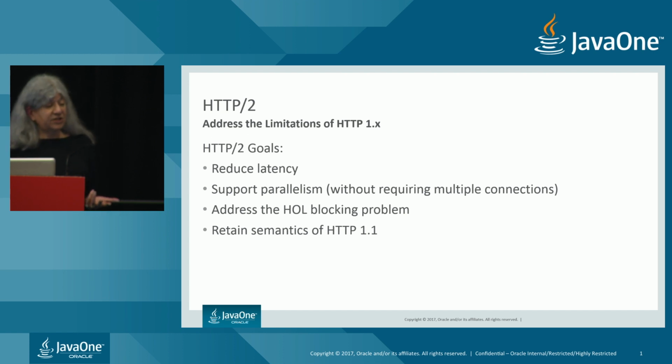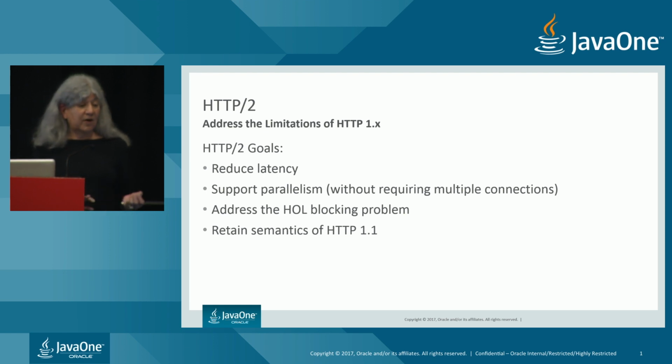And the goals of HTTP 2 are to overcome the limitations of the existing HTTP 1.1 protocol, namely to reduce latency, to support parallelism without requiring you to have multiple connections as a workaround to achieve parallelism, to address the head of line blocking problem, basically many performance improvements while retaining the semantics of HTTP 1.1.